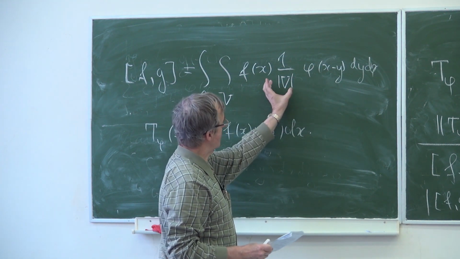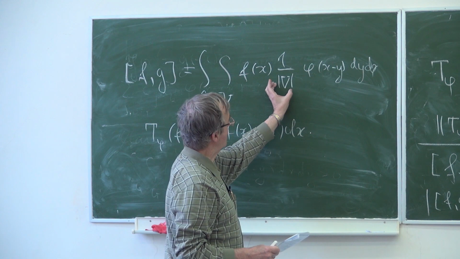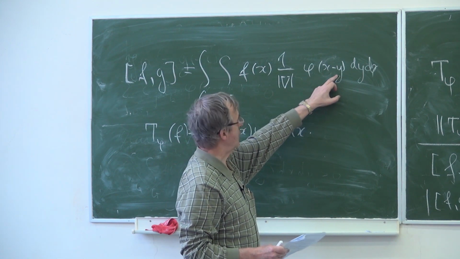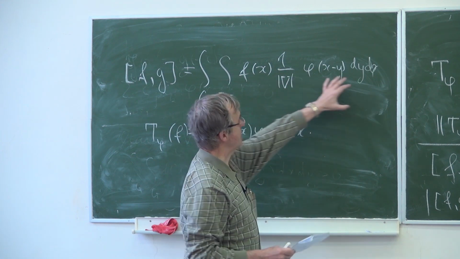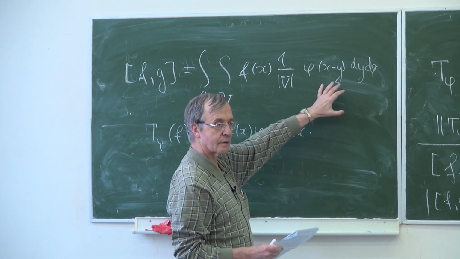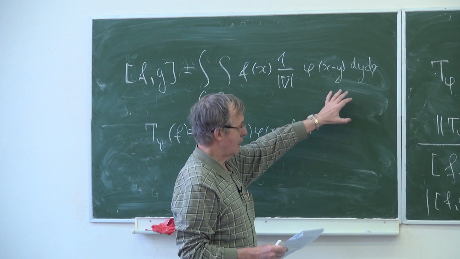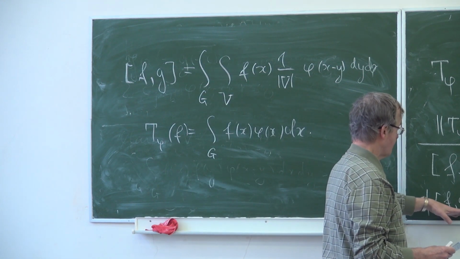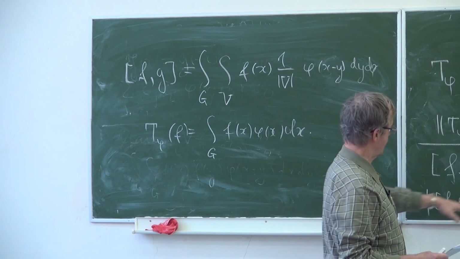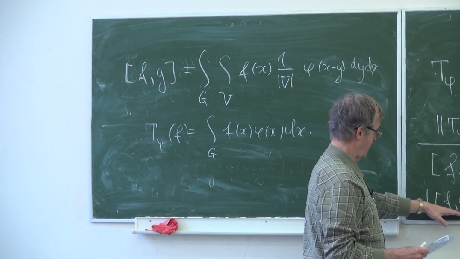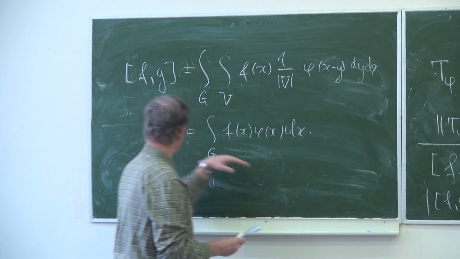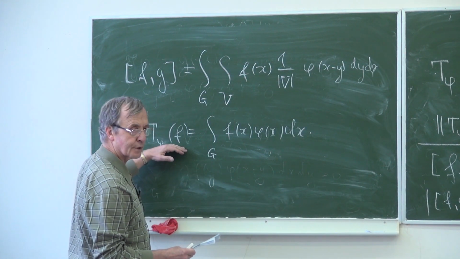So if V is small, then this is very close to phi of x. And the entire integral in y is very close to phi of x. Okay? So in principle, taking for g such elements, we can make this quantity as close to this one as we wish.